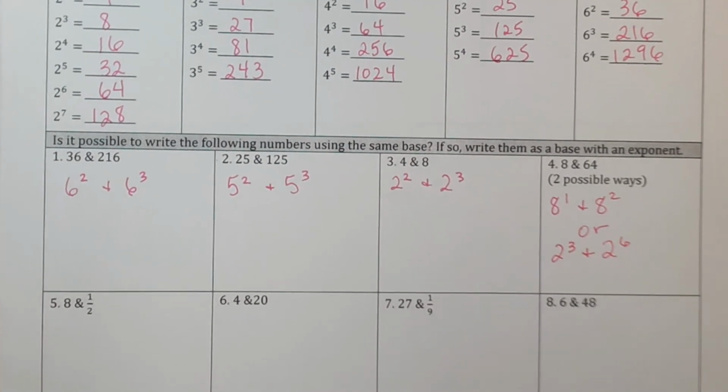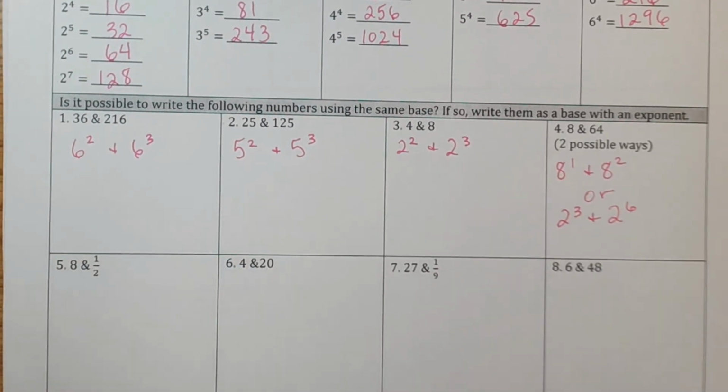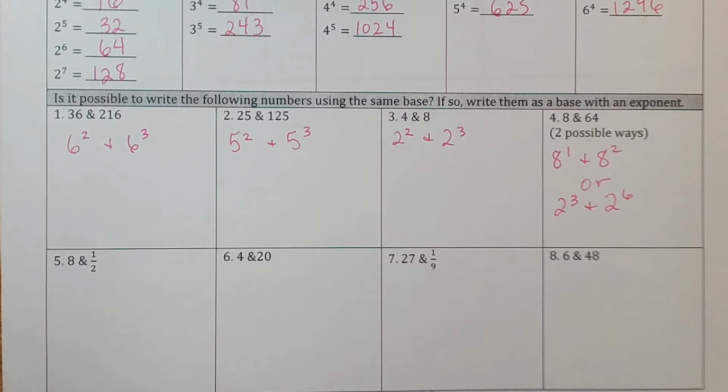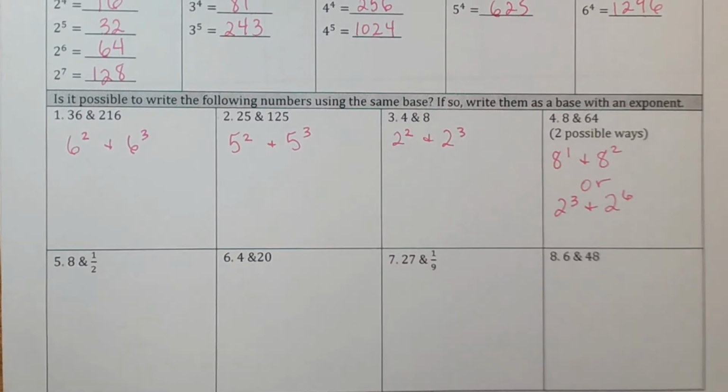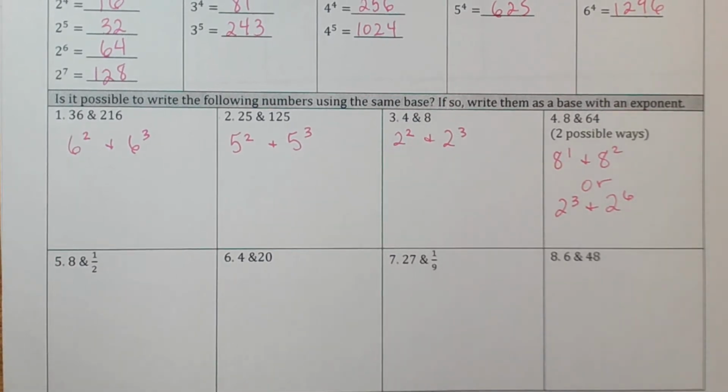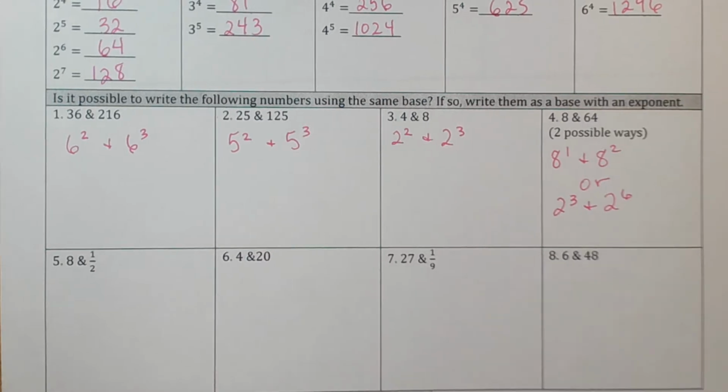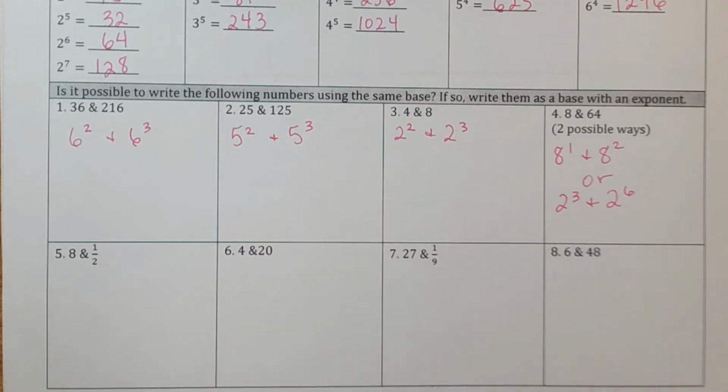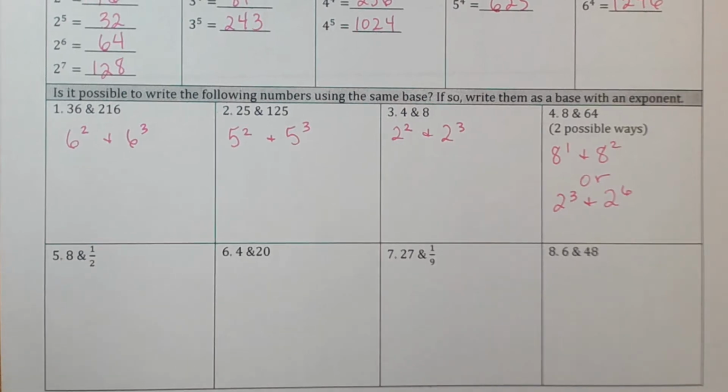All right, okay. Now, we look at this next one and we say, ooh, I don't know because I have that fraction and I don't really know how to think about fractions. Well, remember that last class we talked about how we can have negative exponents. And what negative exponents mean is it basically gives us the reciprocal of the fraction.